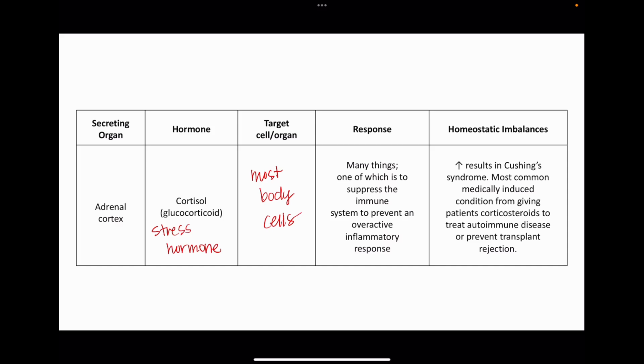Okay? Whether it's mechanical stress, chemical stress, osmotic stress, all kinds of stress. So the response for cortisol is many different things that we'll talk about. But one of those things is to suppress the immune system to prevent an overactive inflammatory response. So cortisol will depress your immune system or suppress your immune system.